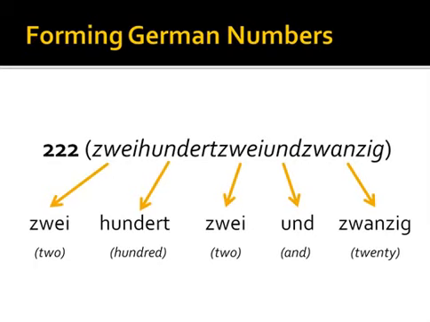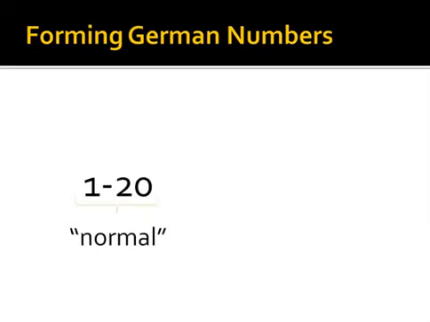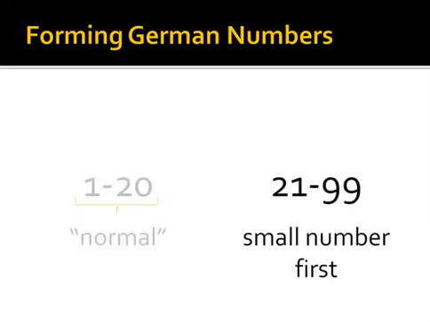So, just for review really quickly. Numbers 1 through 20 are formed normally, I mean the same way we would do it in English. However, once we get to numbers 21 through 99, the small number will come first.